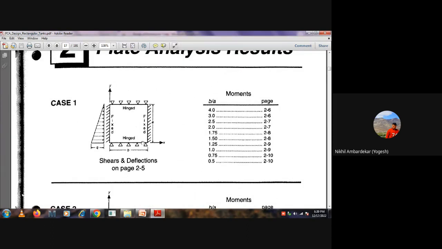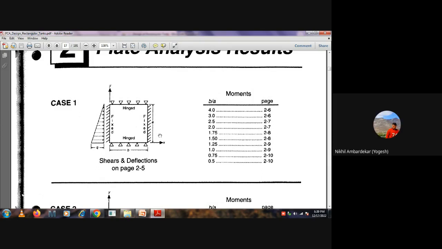I'm not taking our example, but this is a generalized case in which you can see the elevation of the wall panel. What does the triangular mark mention? It indicates that this wall panel is hinged at bottom and top, and fixed at the sides. Clear?